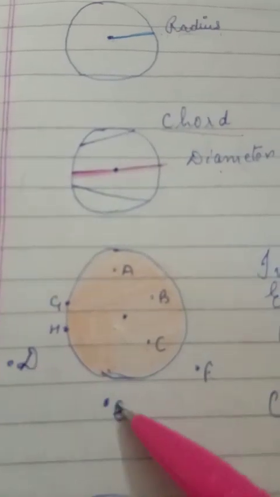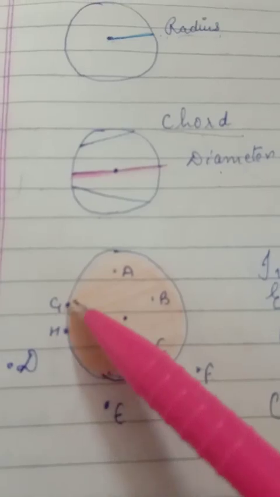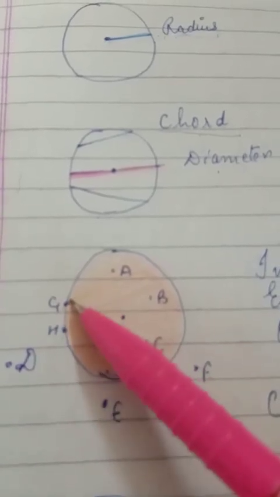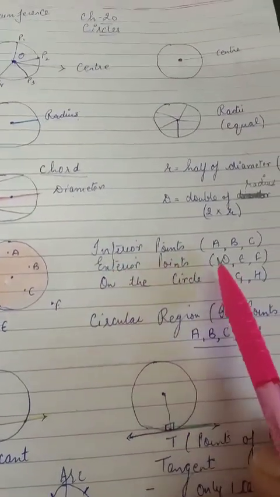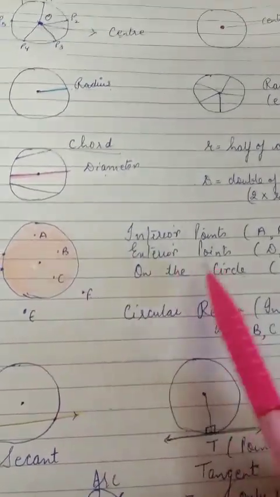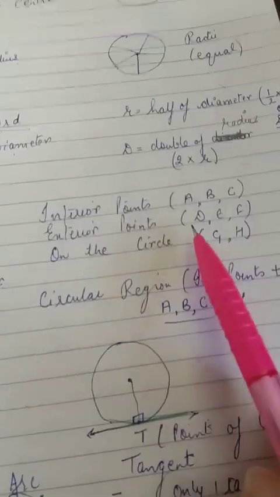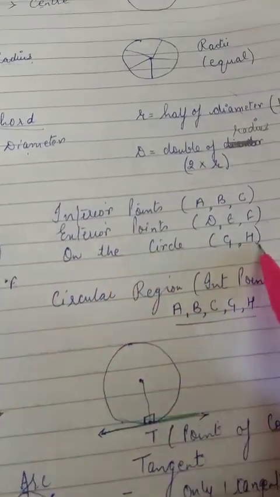All the points which lie outside the circle are called exterior points, and the points on the boundary of the circle are called the points to be on the circle. So from this figure, the interior points are A, B, C, including the center O. Exterior points are D, E, F, and the points on the circle are G and H.